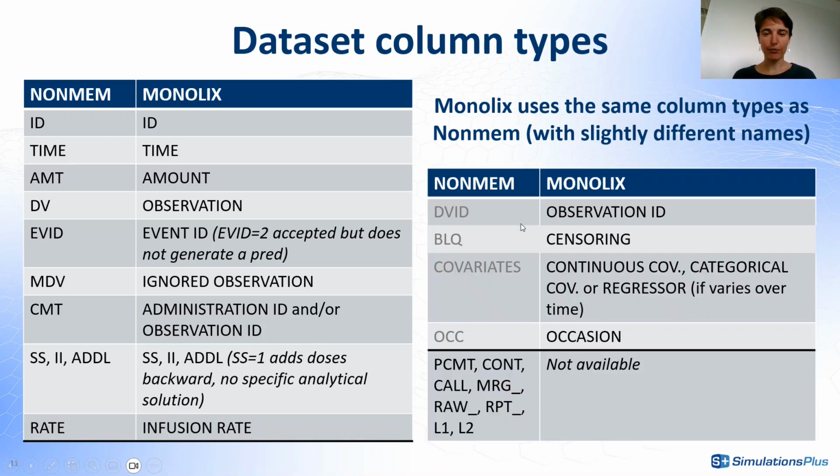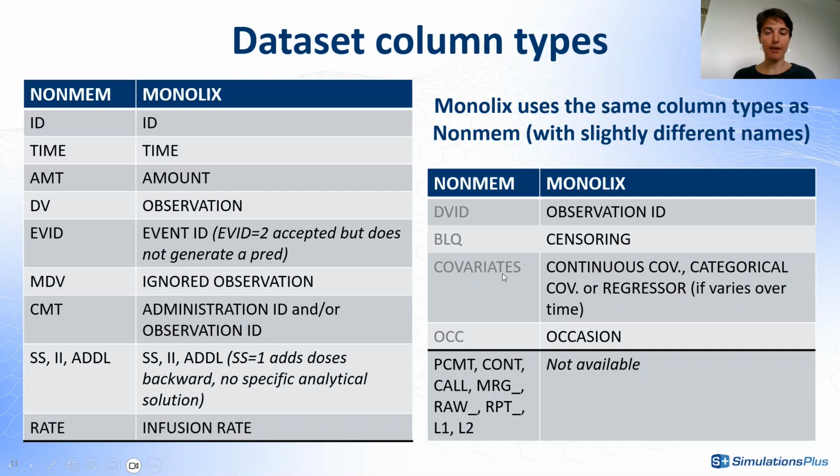And then there are a couple of columns that are not reserved keywords in Nonmem, but are commonly used. They have a special column type in Monolix. For example, if you have a DVID column to distinguish different types of observation, you would tag this column in Monolix as observation ID. If you have a flag to indicate samples that are below the LOQ, for example a BAQ column, you can tag it as censoring.